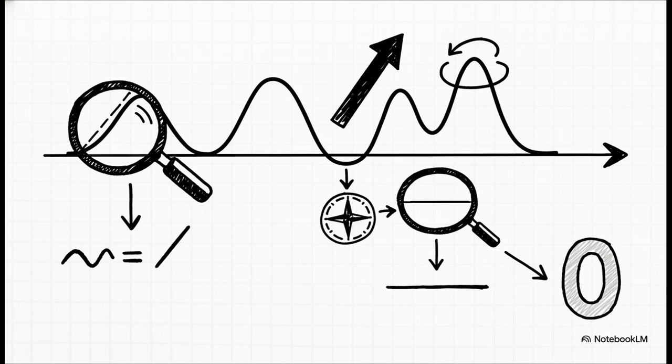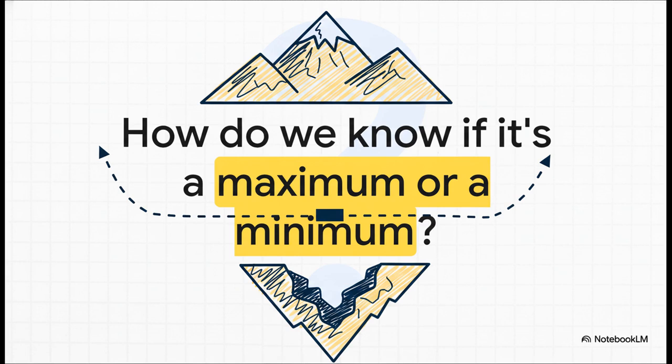It's pure logic. The derivative is the slope, right? And maximums and minimums are just turning points. And at the exact instant that a curve turns, it has to be momentarily flat before it can change direction. So when we set the derivative to 0, all we're really doing is telling the math, hey, go find me that flat spot.